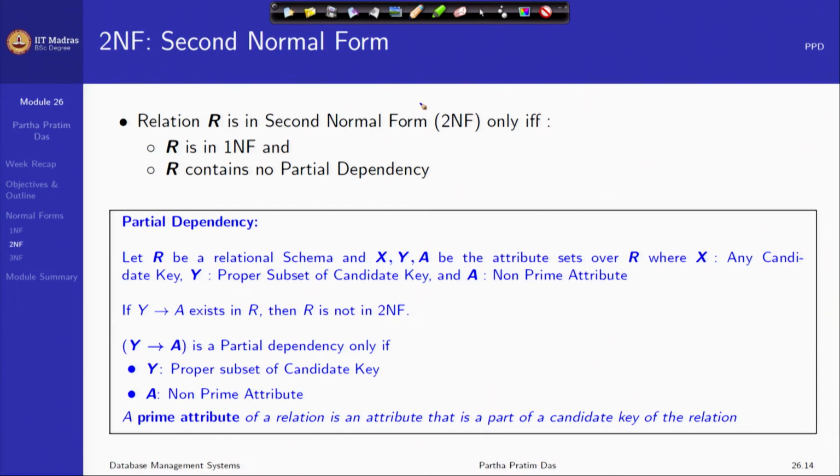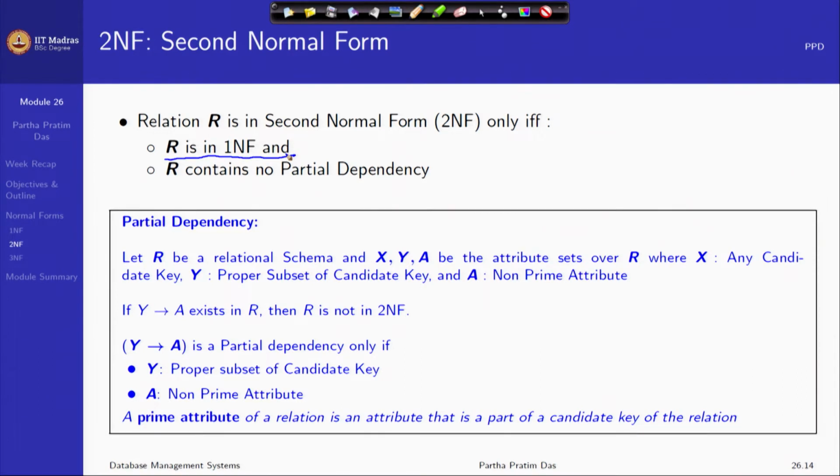While 1NF, as you have seen, addresses some of the redundancy considerations, but it is not enough. We need to tighten it further. So, we look into what is known as a 2NF or second normal form. For a relation to be in second normal form, it must be in 1NF, first normal form. Normal forms are like a hierarchy.